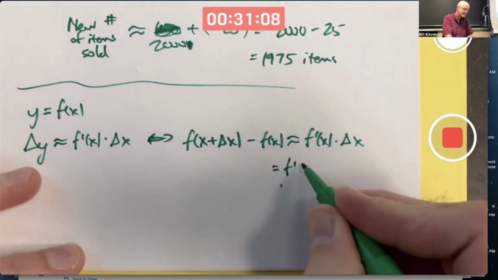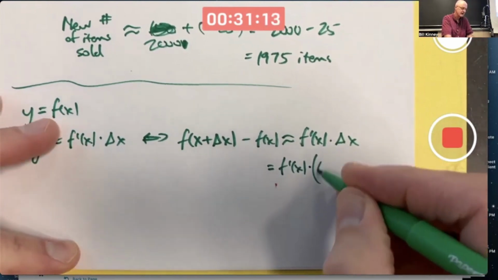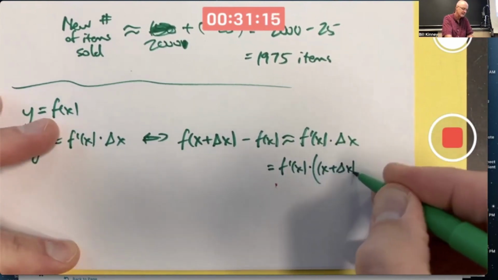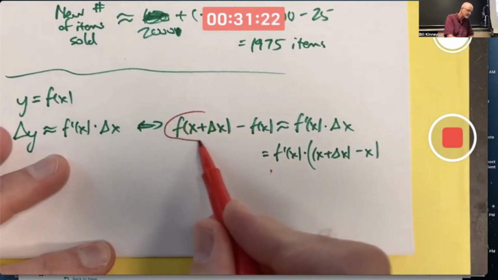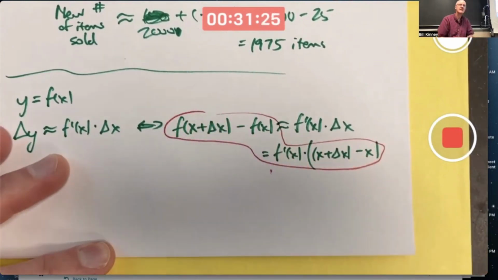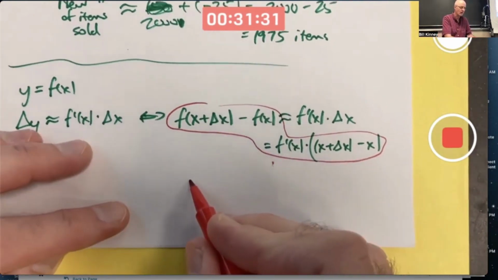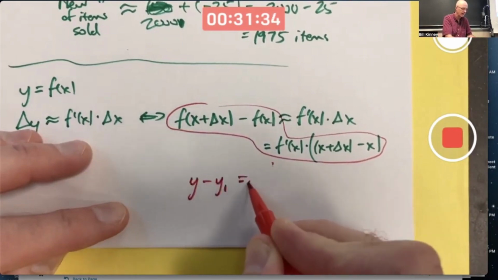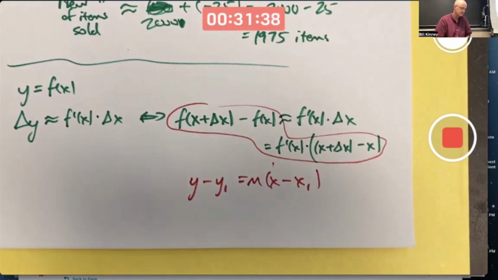And f prime of x times delta x can be thought of as f prime of x times a difference, x plus delta x minus x. Effectively, comparing these is like the point slope form of the equation of a line, just with different notation. This is very much analogous to y minus y1 equals m times x minus x1. It's the same kind of idea.